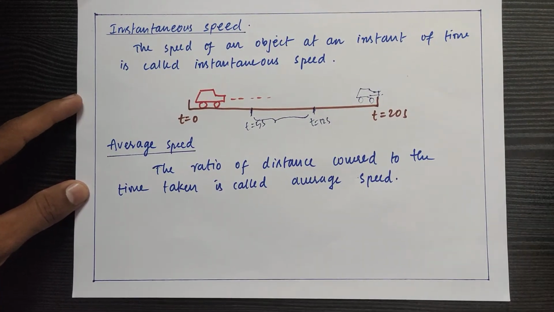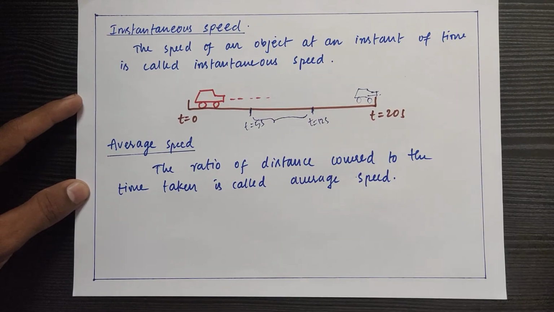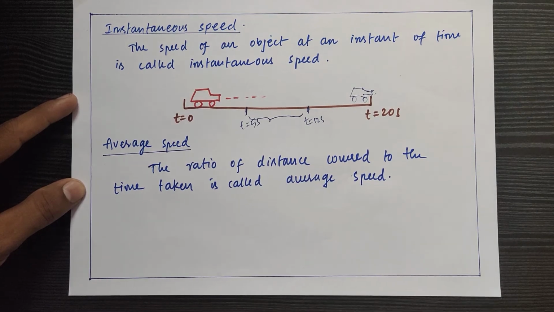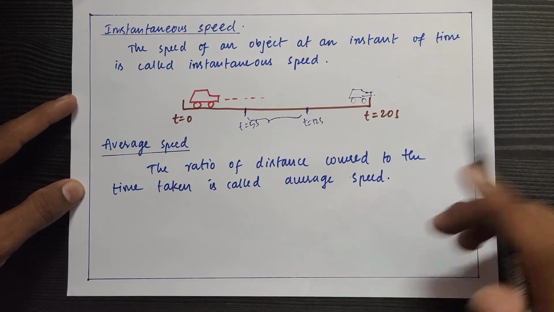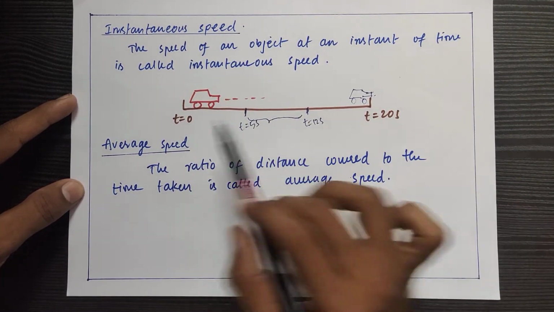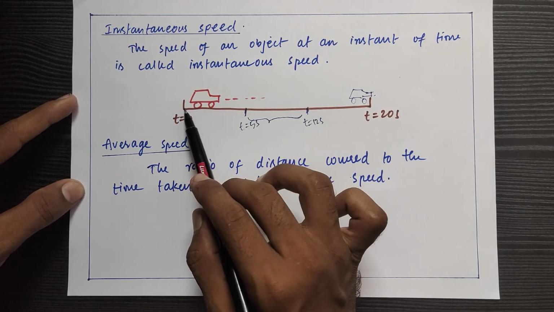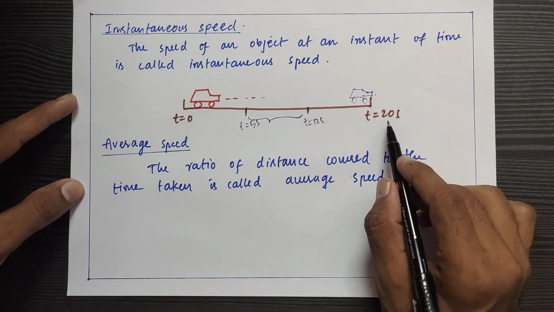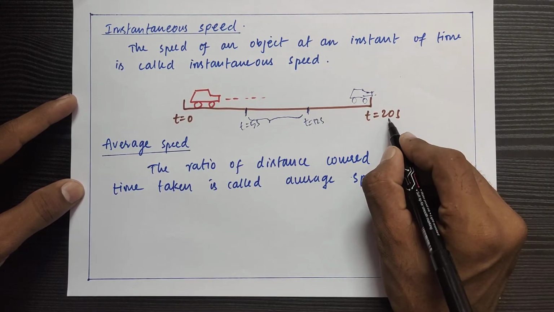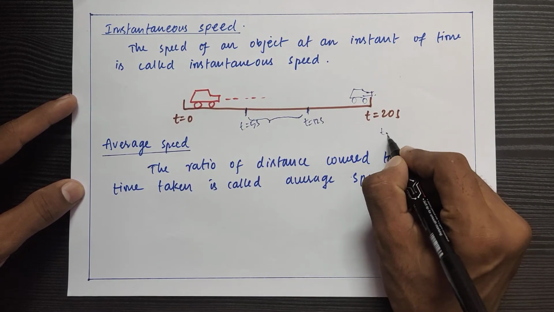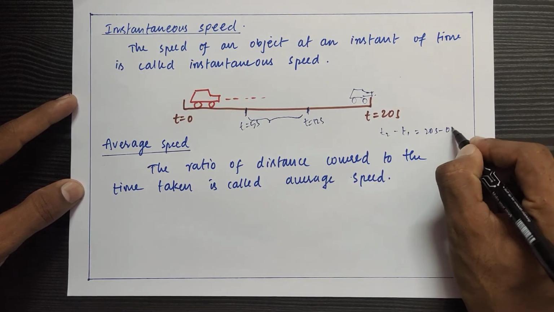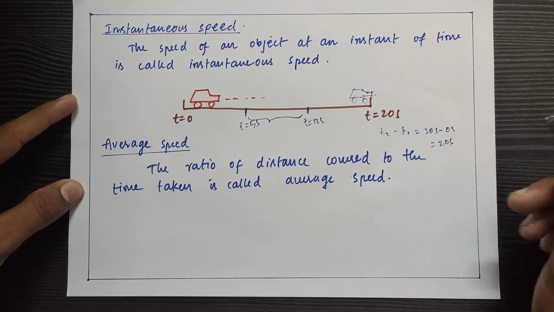Now let us see average speed. The ratio of distance covered to the time taken to cover the distance is called average speed. That means if a car moves here, in this example, this is the distance covered by the car, and the time interval is t2 minus t1, that is 20 seconds minus 0 seconds, which is 20 seconds.